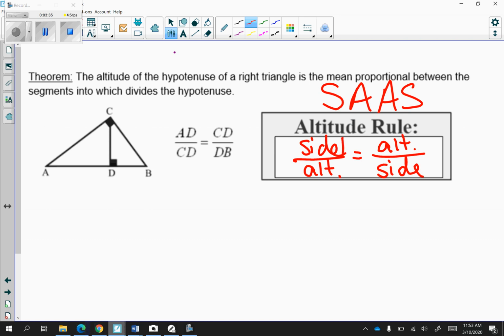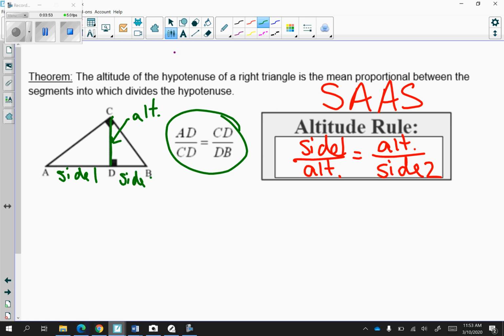And we like to put a 1 and a 2 here because they're different sides. So for example, let's look at this proportion. AD, let's call that my side 1, over CD, which is my altitude, is equal to my altitude CD over DB, which is my side 2. And again, remember, we only use SAS when there is either a variable or a number where the altitude is.